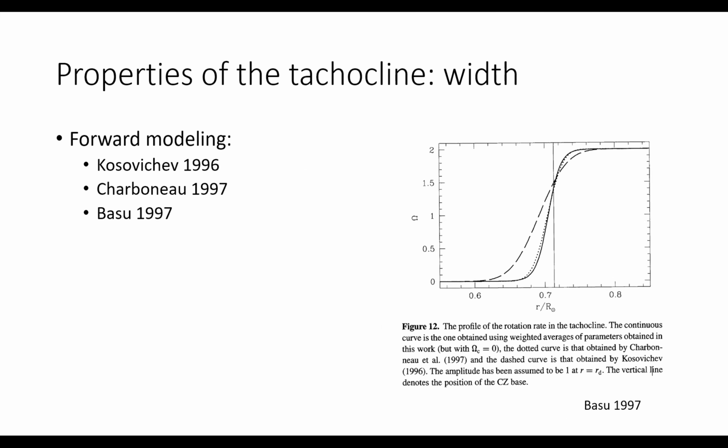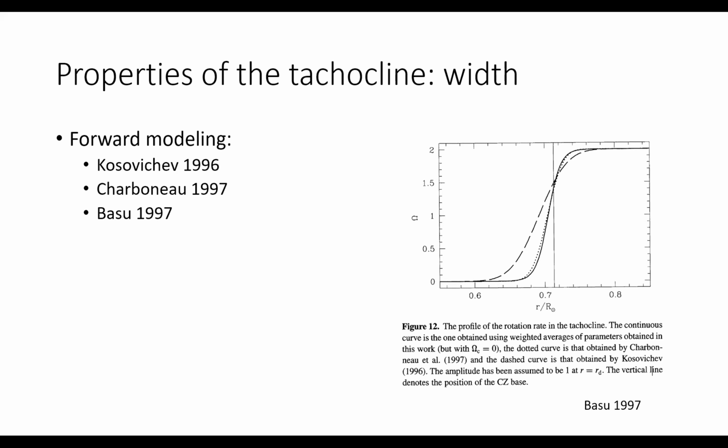The problem, as I said, with studying the tachocline is that the modes that we have there just don't have sufficiently small wavelengths to actually resolve it, so the shear itself is unresolved.